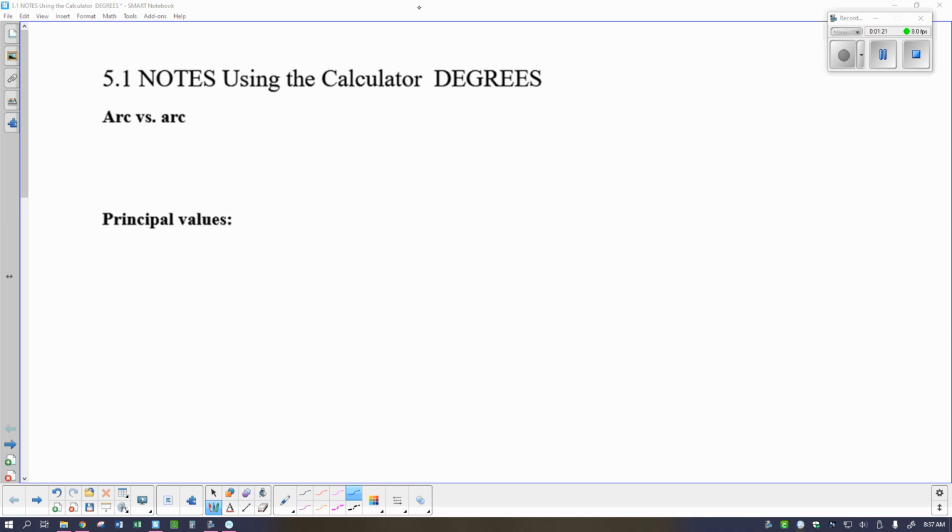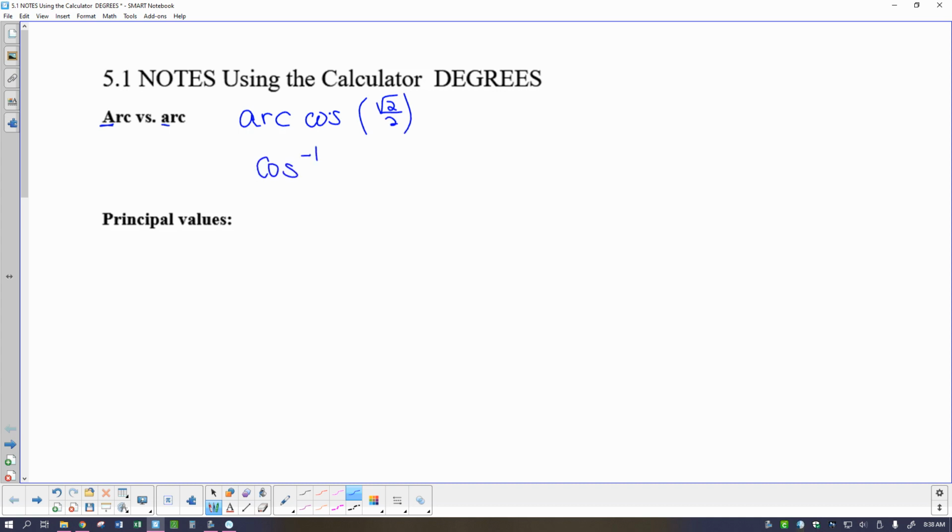So we want to talk about the difference here of the capital letter A and the lowercase letter a. So what is that difference? We'll start with our little lowercase arc cosine. Let's just say of square root of 2 over 2, okay? Or another way of writing this is the cosine inverse of square root of 2 over 2.